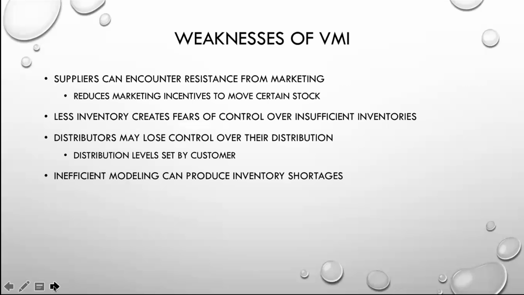And inefficient modeling can produce inventory shortages. Like I said before, if you have a model where you think you're going to get a good supply in a short lead time, but you haven't done your due diligence to make sure that your supplier can actually do it, and isn't just giving you these numbers, you may be setting yourself up for failure. So keep this in mind.